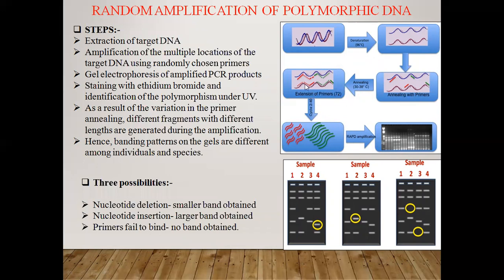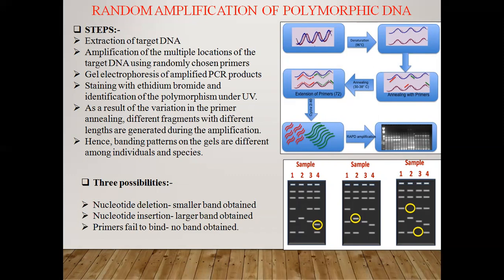After the extension of the primers and the whole amplification, gel electrophoresis is used to run the amplified PCR products. Then staining is done with ethidium bromide, and it is identified under UV. As a result of the variation in primer annealing, different fragments with different lengths are generated.